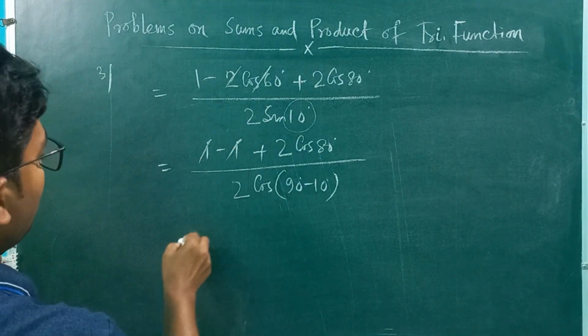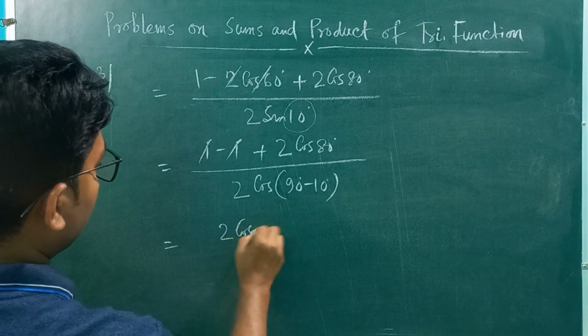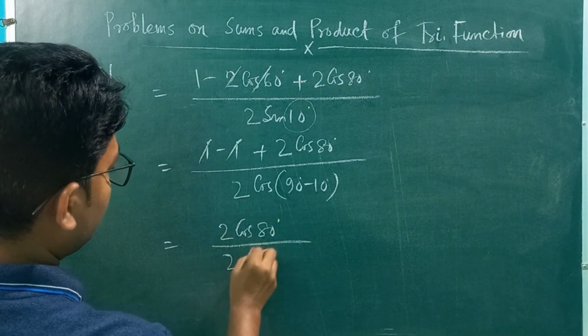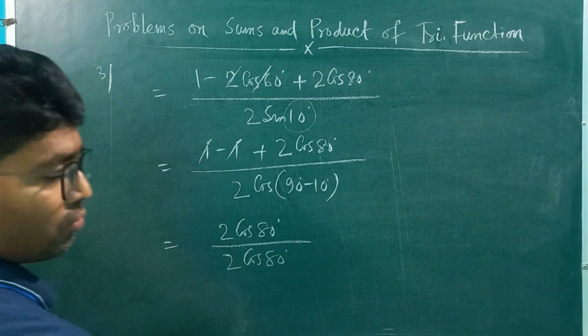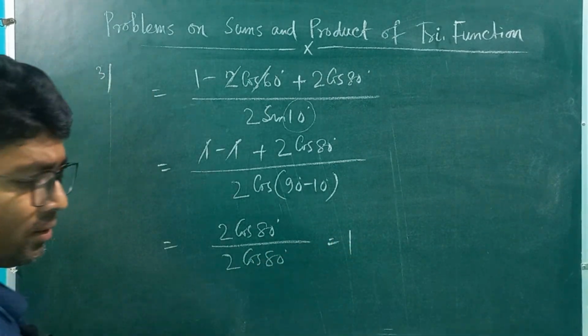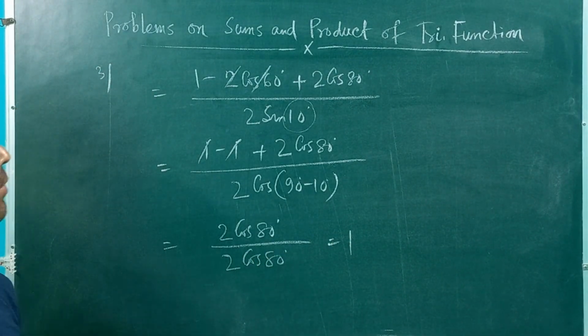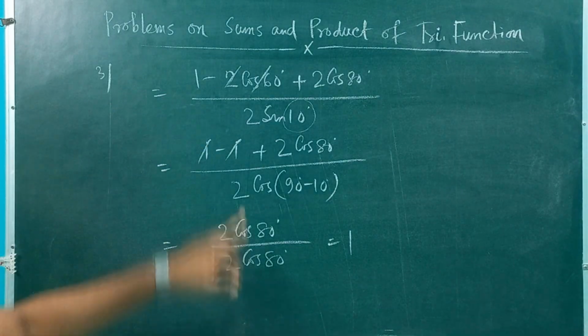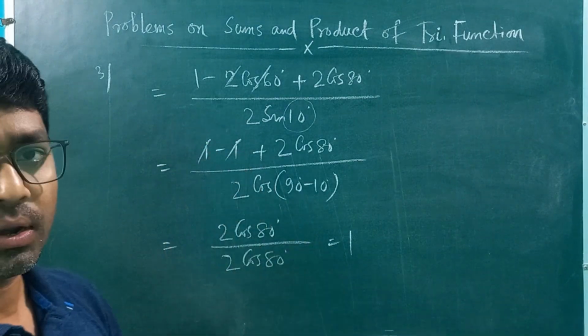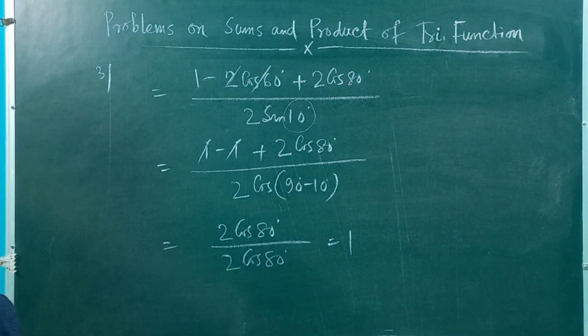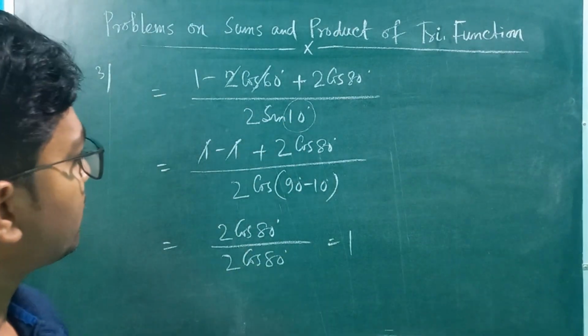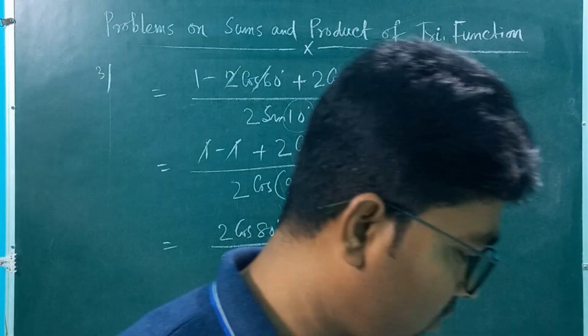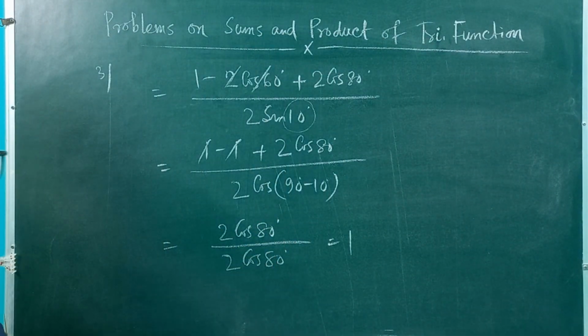Then what will you get? 1 and 1 cancel, 2 cos 80, this one also 2 cos 80, that is, you will get the result 1. So in this problem we have applied the product into sum, and step by step we do all the calculation, then you will get the required result.